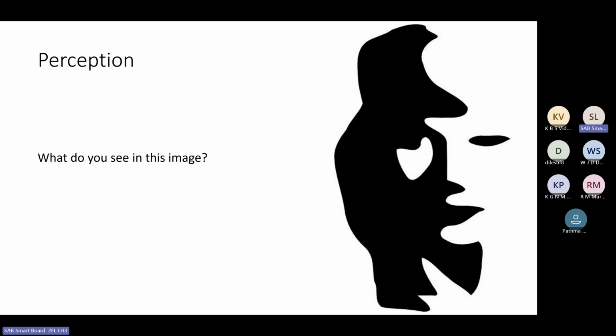What else can you see? Is the image black or white?